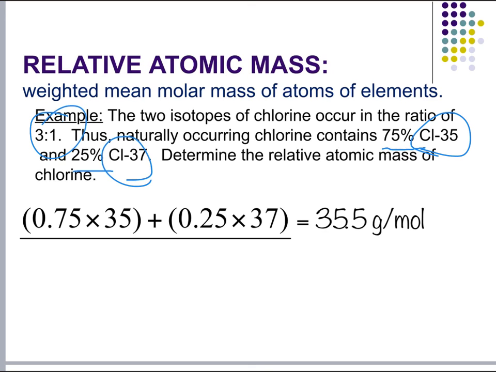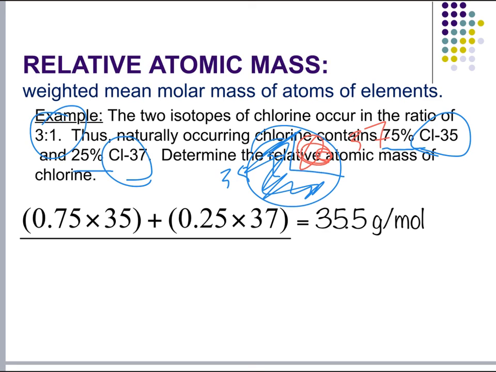I have 3 times as much chlorine-35 as I have chlorine-37. But think of this as part of a whole, right? So if I had 100% chlorine, 75% of that would be the chlorine-35, but only 25% of that would be the chlorine-37.